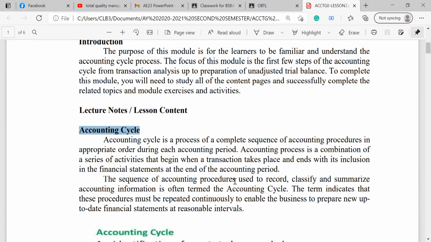Okay? The sequence of accounting procedures used to record, classify, and summarize accounting information is often termed as the accounting cycle. The term indicates that these procedures must be repeated continuously to enable the business to prepare new, up-to-date financial statements at reasonable intervals. Repeated continuously.